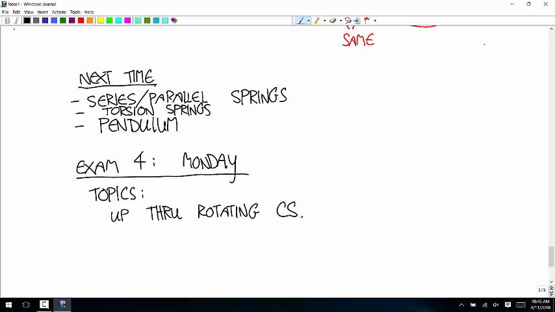Yes, we didn't do any rigid body stuff in rotating coordinate systems. Any questions about the test? Well, everything up through there is fair game, but I guess it'll be weighted more heavily than other topics.